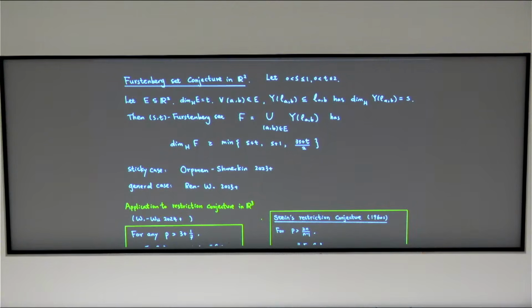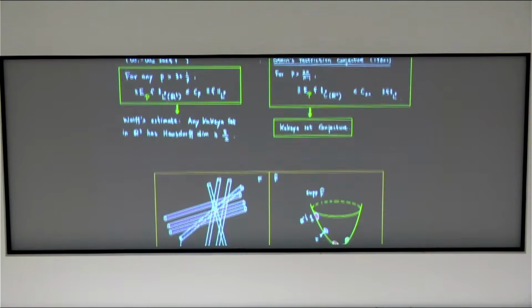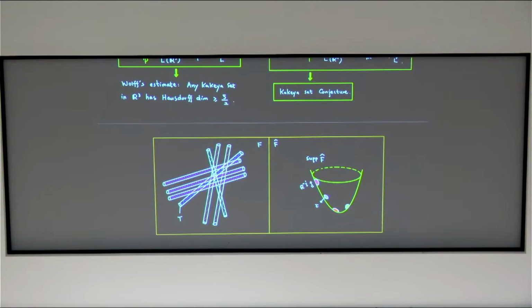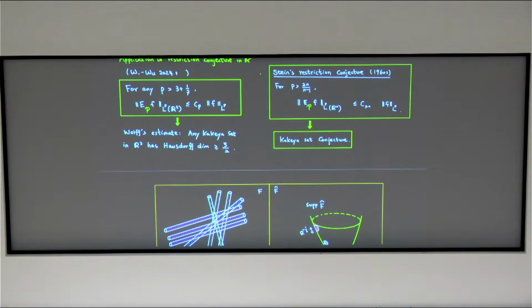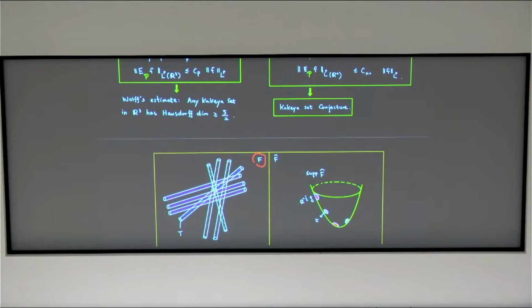Well, let's go back to the wave packet decomposition. Previously, we discussed how the restriction conjecture is related to the Kakeya conjecture via the wave packet decomposition. So F is a function with Fourier transform supported on the paraboloid, and the wave packet decomposition says that F can be decomposed into a sum over wave packets supported on those long tubes.